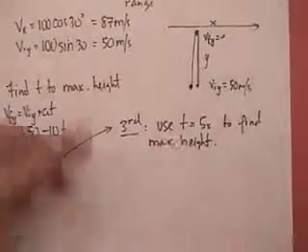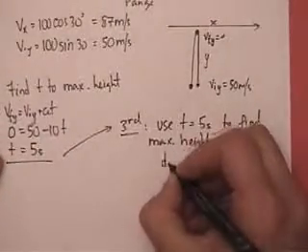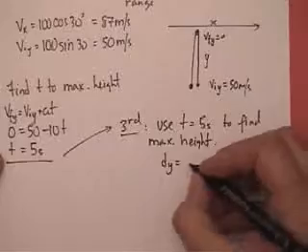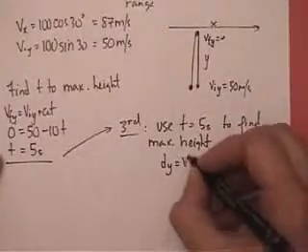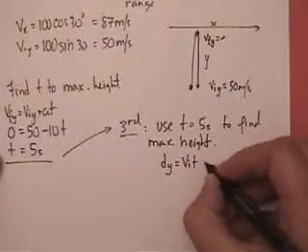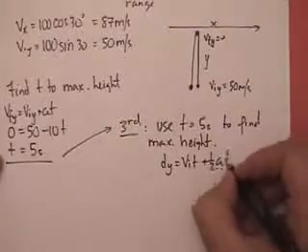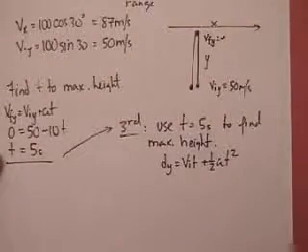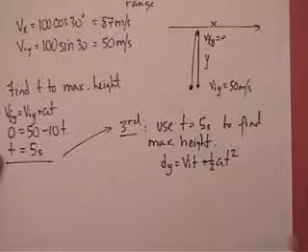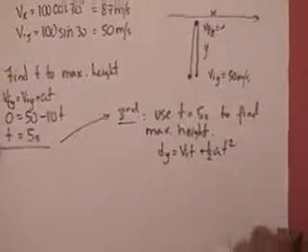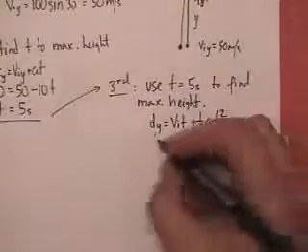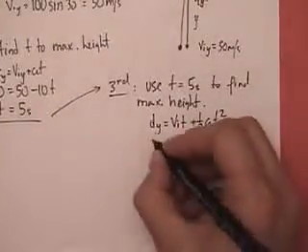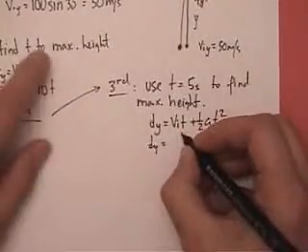Well, I have time, so I'm going to use my dy equals VIT plus 1/2 AT squared. Am I going to use that one? No, that's not going to work for me. But I picked it anyways. I'll show you why it's not going to work. I want my dy. My VI, oh no, this will work.